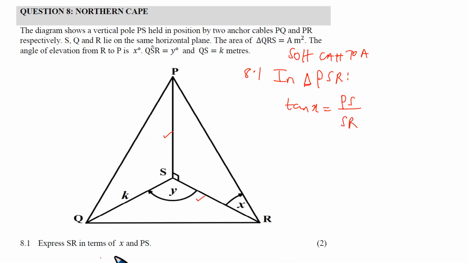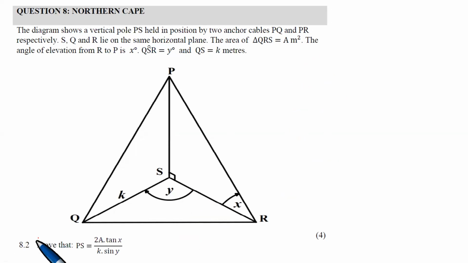We are interested in finding SR, so SR is PS divided by the tangent of the angle X. This here is the one we want, so SR is equal to this. So we have found SR in terms of X, but also in terms of the side PS. And that is very much sufficient for the 2 marks there from the people of the Northern Cape province. Let's look at the next question.